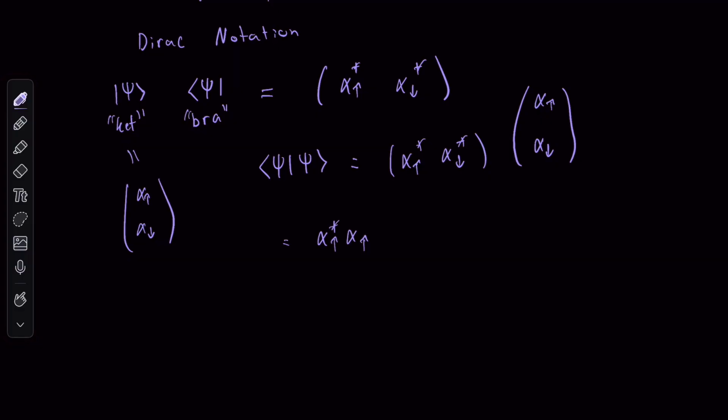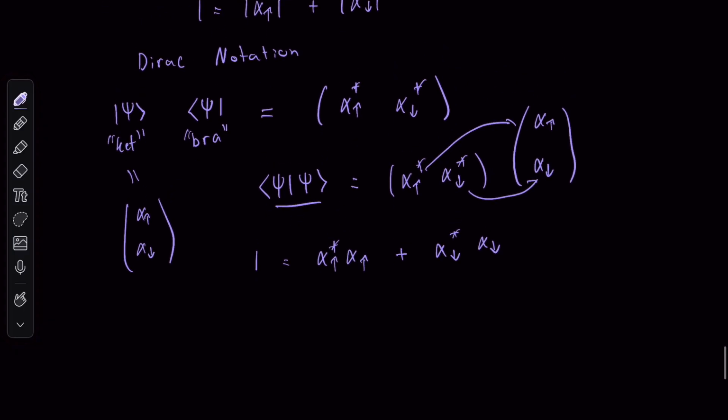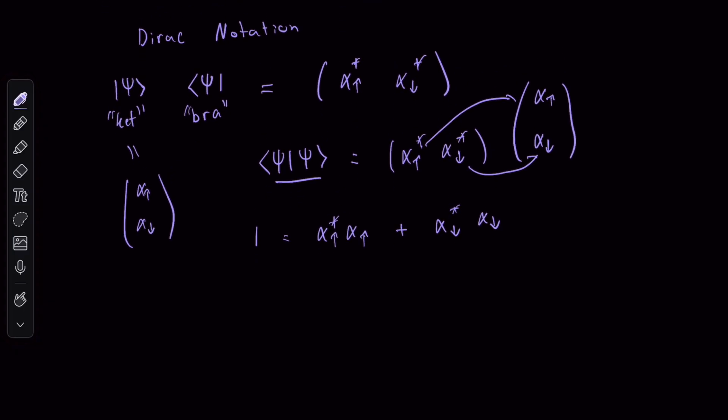And it's literally just multiplying this element by this element, and then this one by that one, and adding them. And this essentially gives you a measure of how aligned two different states are. Now, if they're the same state, this should be equal to 1. And it's neat that we already know this is equal to 1, because what is this?